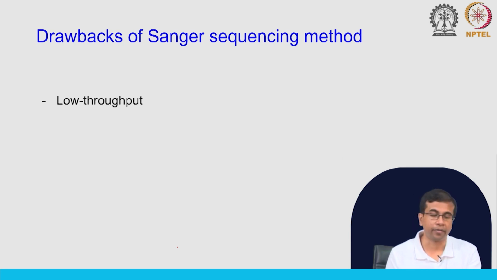You have to generate these fragments in the lab, clone them, and then do the sequencing reactions, this dideoxy termination reaction, for each of these fragments, and then run them through capillary electrophoresis. This is a very tedious process and it takes a lot of time.